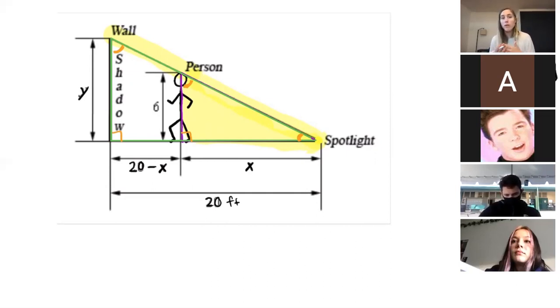So we can come up with a relationship between x and y by coming up with some ratios of the sides of these two similar right triangles.